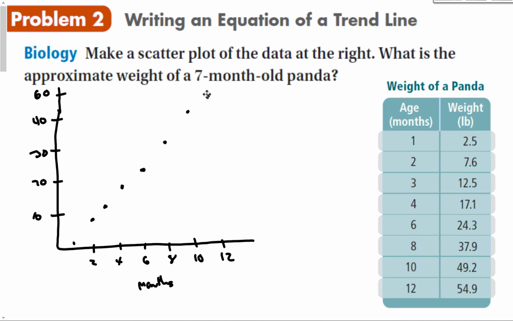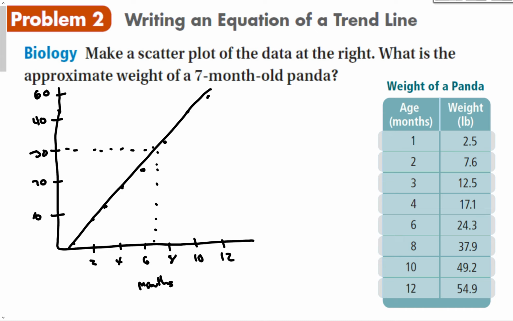Okay. So we have our approximate graph. I can make an approximate trend line to go through it. So that's my scatter plot. Okay. So now, instead of just guessing where a 7-month-old is, because we think it would be about 30-ish, okay?